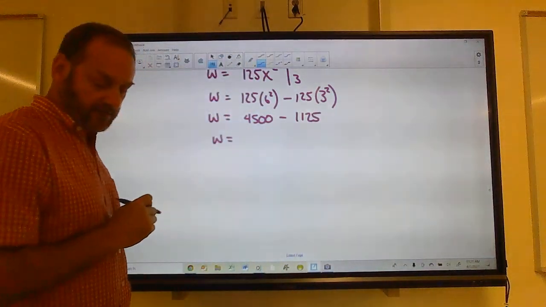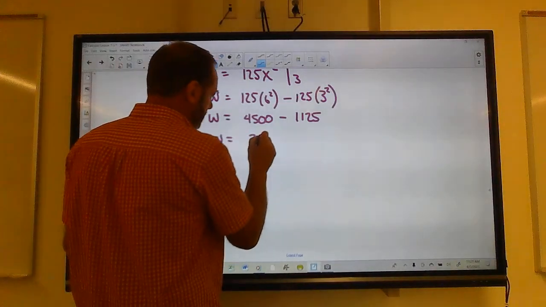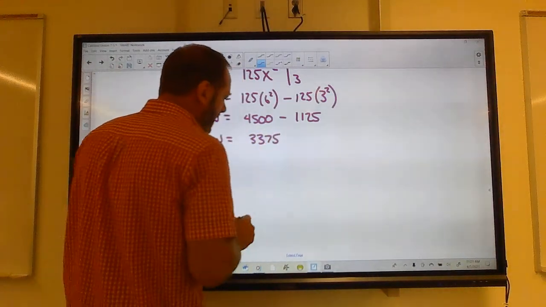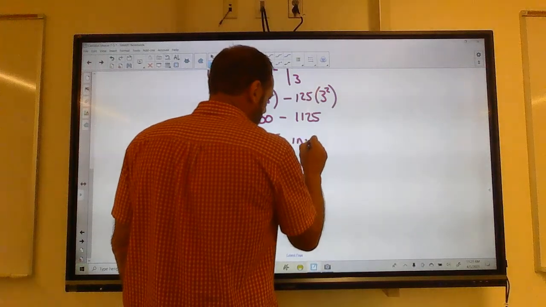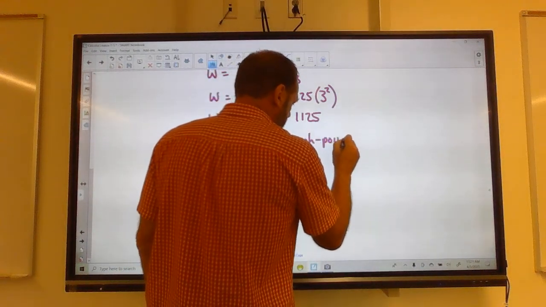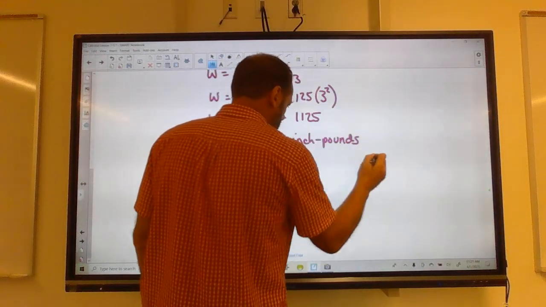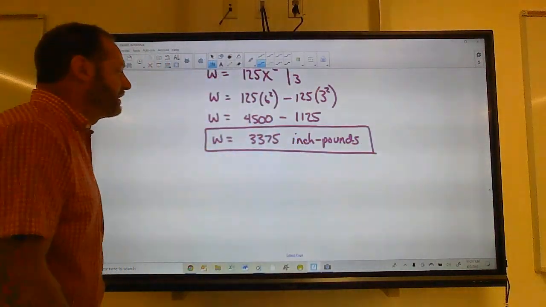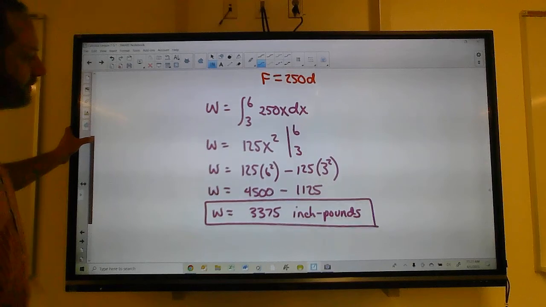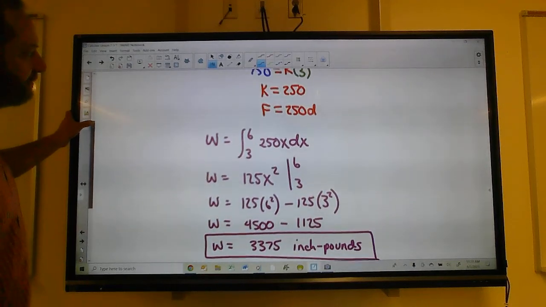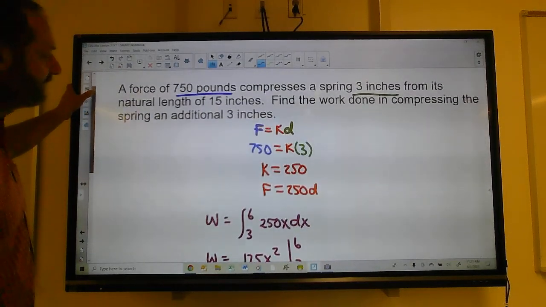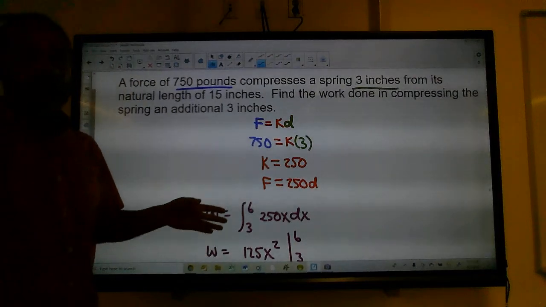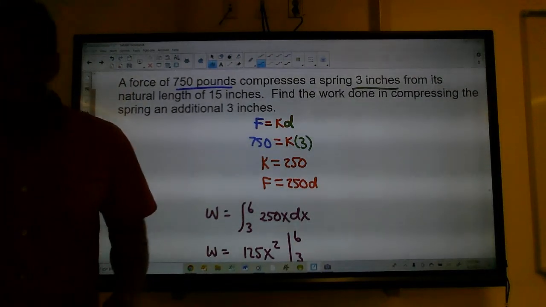And we subtract those, we get 3,375. And this is in inch pounds, because we were moving it in inches, and it was pounds of pressure. Okay, so not too bad of a problem right there. Definitely more difficult than the first problem we had in calculating work.